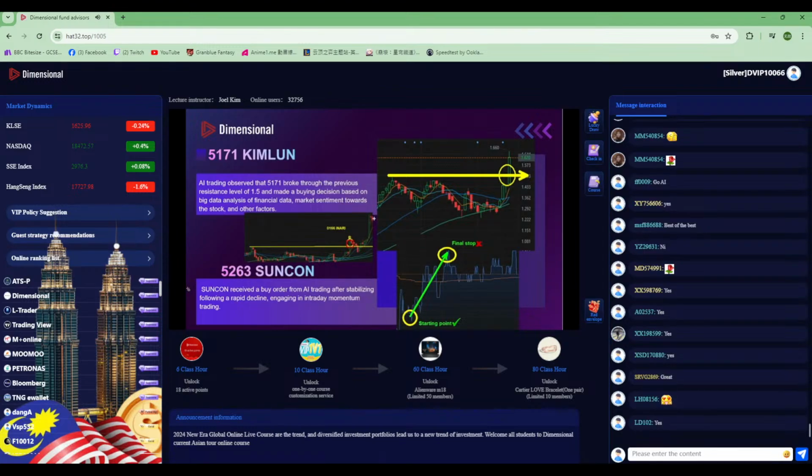Suncon, on the other hand, received a buy order from AI trading after stabilizing following a rapid decline, engaging in intraday momentum trading and earning 1.6% in profit. This is also by AI, right?